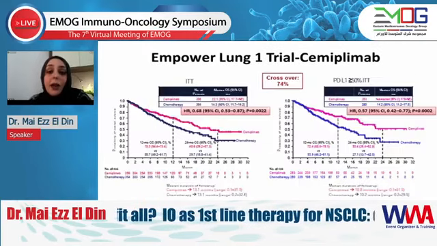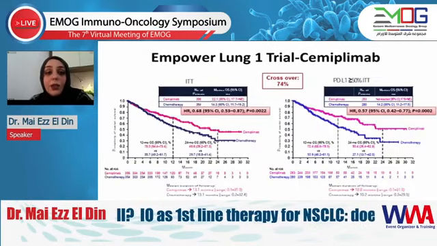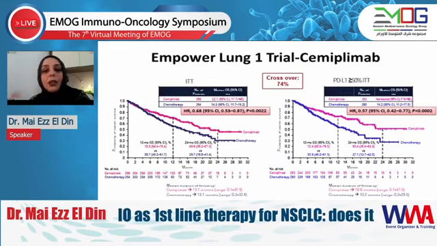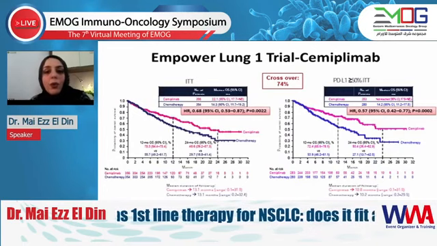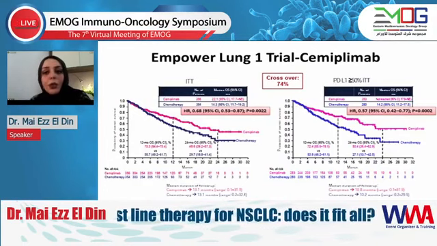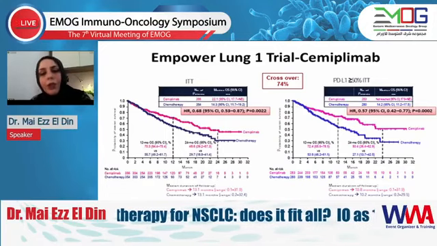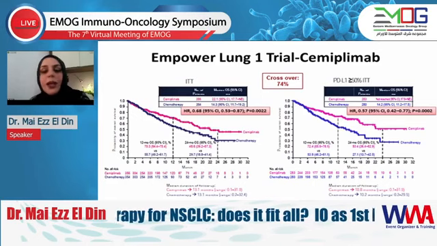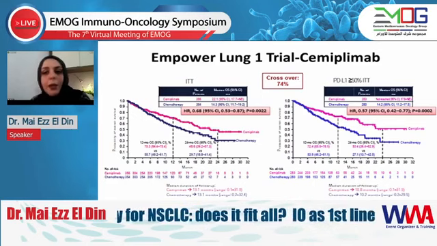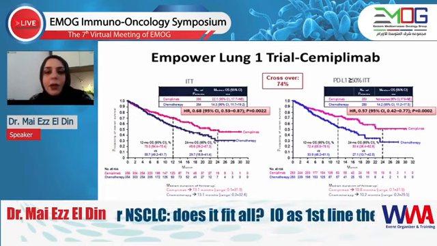And even despite the high crossover, 74% crossover rate, and 2 analyses we have for overall survival, still in the intent to treat whole population, and later on after a regulatory revision of the PD-L1 test, hazard ratios of 0.68 and 0.57 were observed.